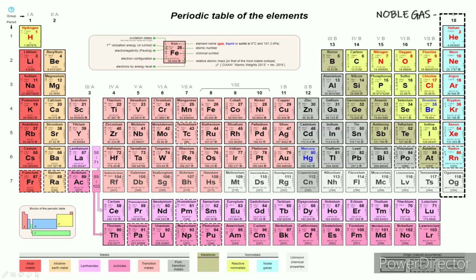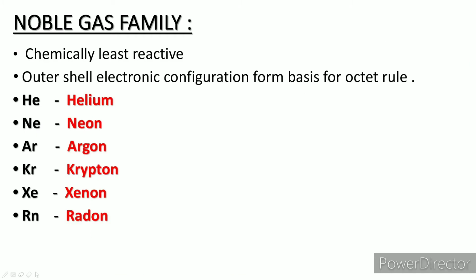As the elements of group 18 are chemically least active, they are called noble gases. Their outer shell electronic configurations are the basis for the octet rule. In this group, the elements are helium, neon, argon, krypton, xenon, and radon.